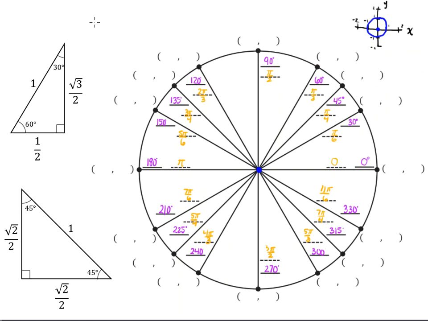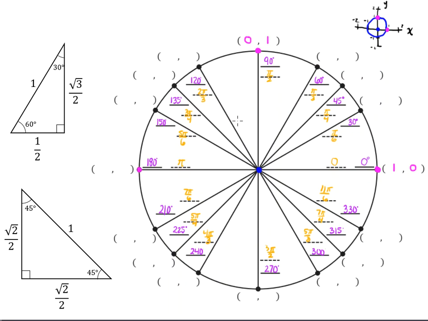We'll color code these. So let's start with this point right here. There's the origin. It corresponds to that point right there, which is 1 on the x, 0 on the y. This point right here corresponds to that one up there, which is 0 on the x and positive 1 on the y.